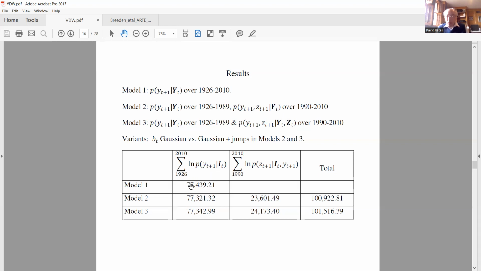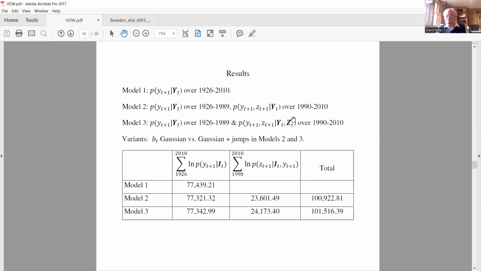Okay, so here's the benchmark model for stock market excess returns. This is the fit. When I include Z variables, the ability to fit stock market returns drops a bit. Here's the fit for the VIX based on this information and based upon the latest daily excess return.